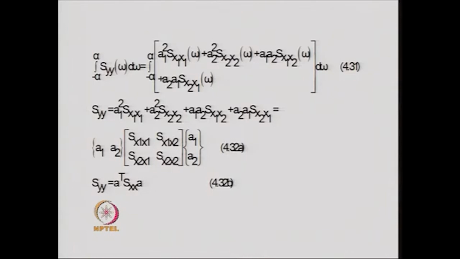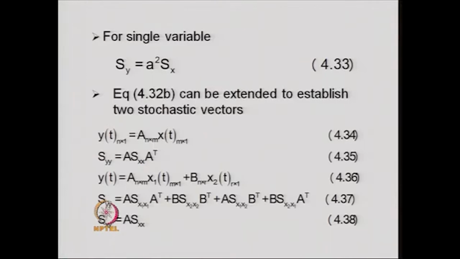If we say that Sxx is the matrix shown above, where Sx1x1 and Sx2x2 form the diagonal elements, and Sx2x1 and Sx1x2 form the two off diagonal elements of Sxx, then equation 4.32 can be written in brief notation as Sy is equal to A transpose Sxx A. So, if we have an equation of the form y is equal to a matrix A into x, then one can find the value of Sy from the previous relationship that we have discussed.